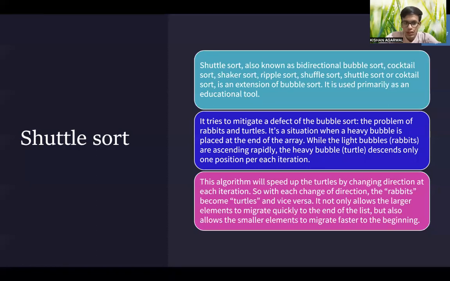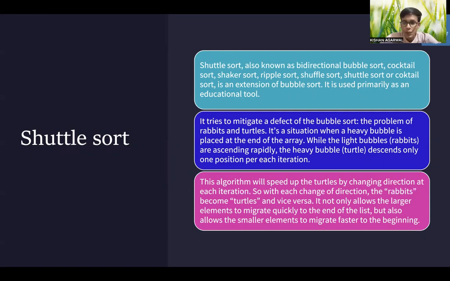So let us see what shuttle sort is. It is also known as bidirectional bubble sort, cocktail sort, shaker sort, ripple sort, or shuffle sort, and it is an extension of bubble sort. It is used primarily as an educational tool.